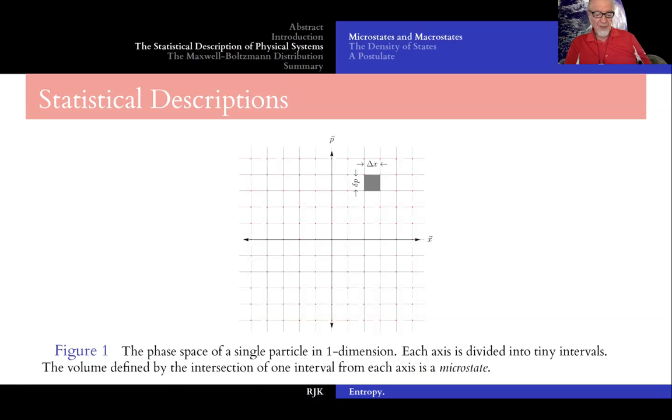So every 6n dimensional cube can be defined in terms of these little bin sizes, and those make up the phase space of the whole system.